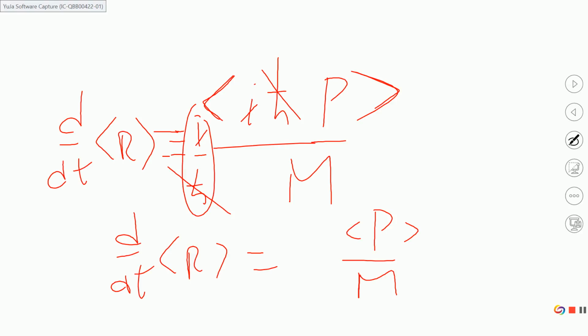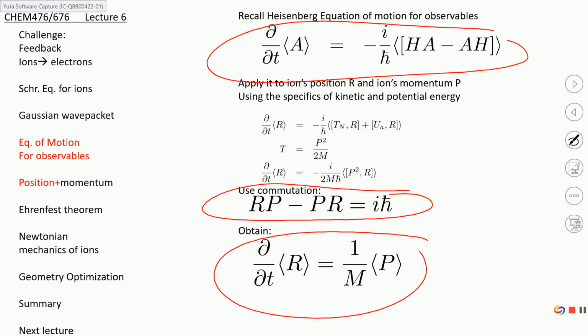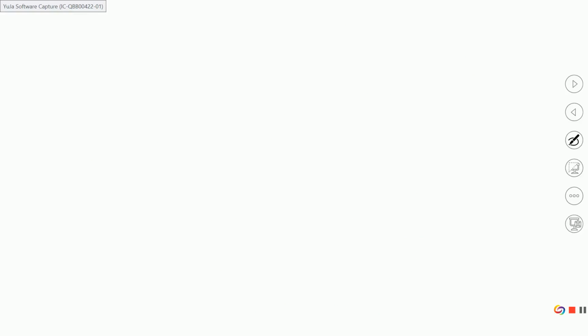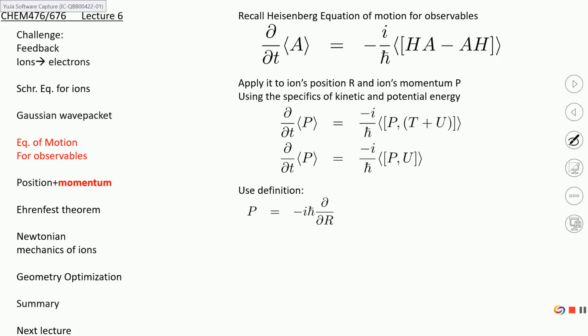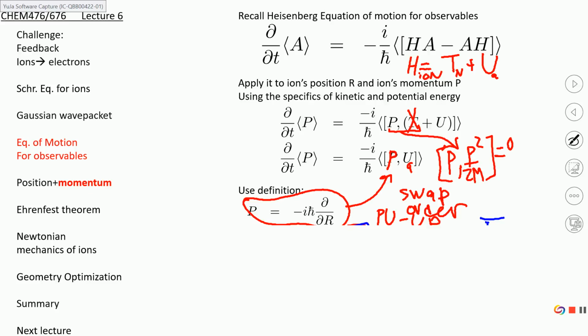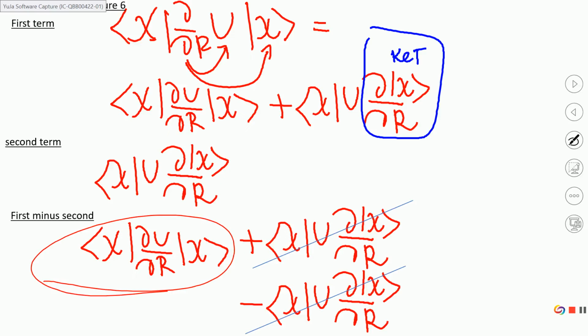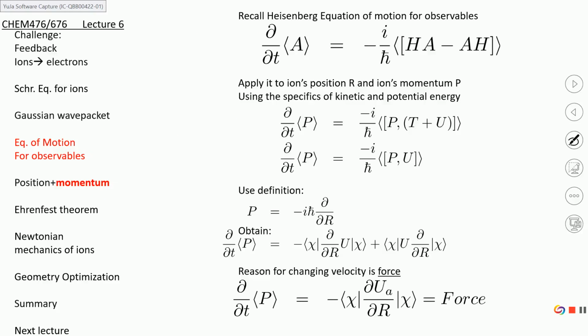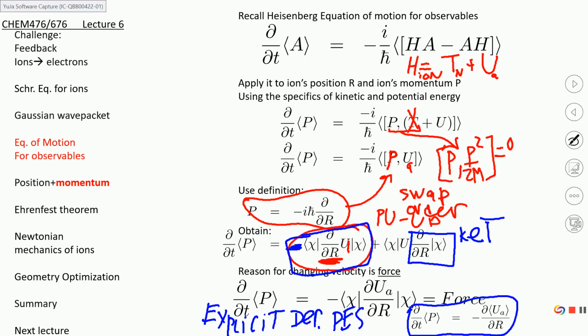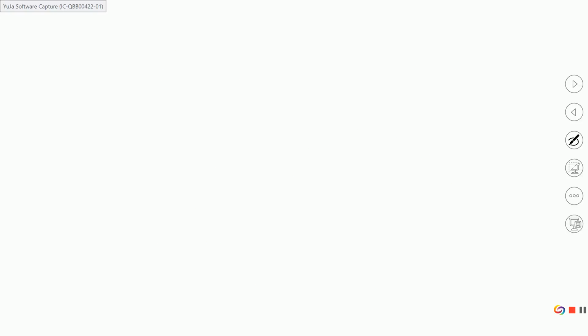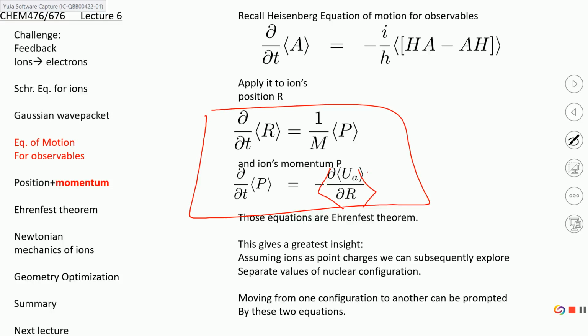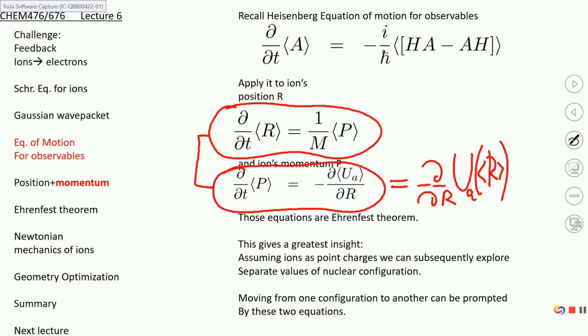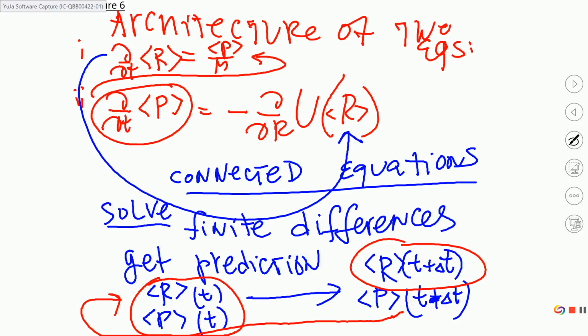And the same thing with a little bit more derivation is possible to be done for the momentum. If you plug the definition of momentum into the Heisenberg equation of motion and carefully do all steps, then we will obtain the force as a function of the expectation value of position.